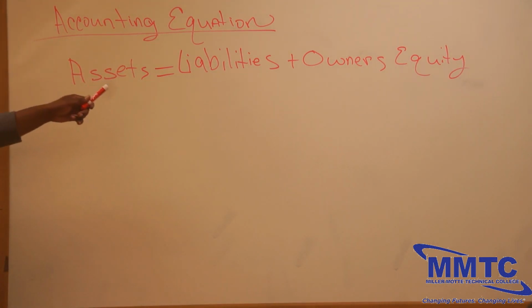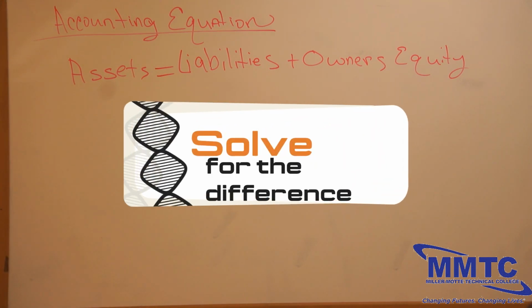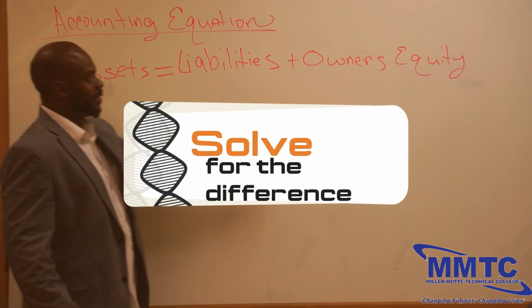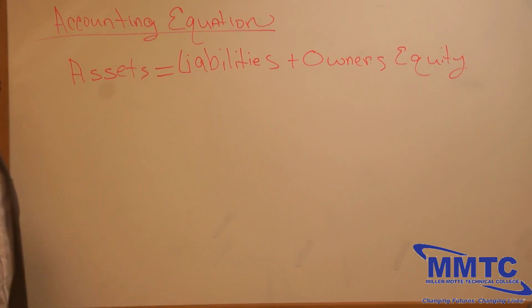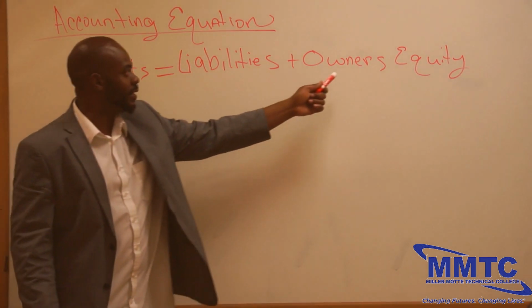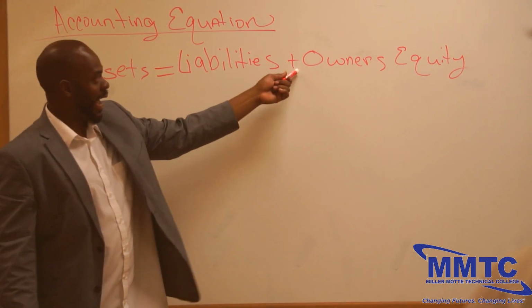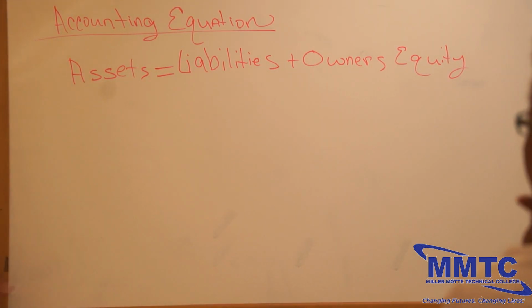Whatever 2 they give you, you solve for the third missing one. If they give you assets and owner's equity, you subtract them to find liabilities. If they give you liabilities and owner's equity, you add them to get assets.